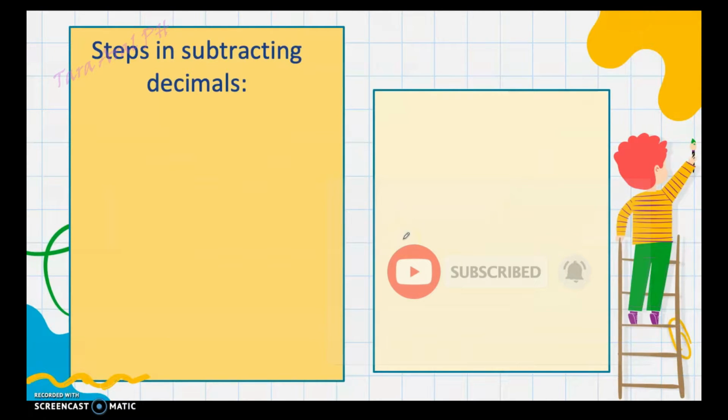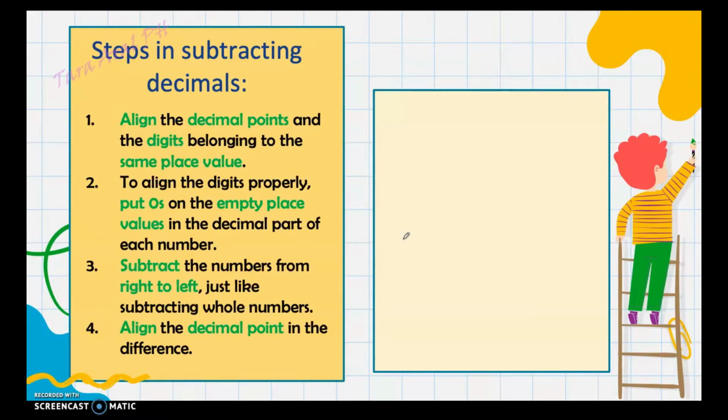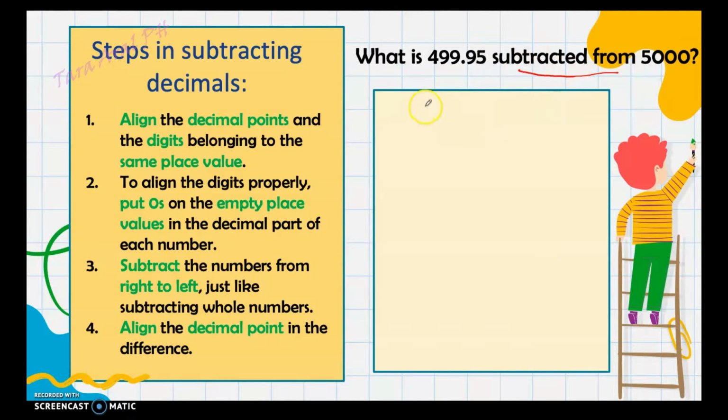Next, here are the steps in subtracting decimals. We align the decimal points and the digits belonging to the same place value. So it's the same as the rules in addition. So we have here, what is 499.95 subtracted from 5,000? Since it says subtracted from, our starting number is 5,000.